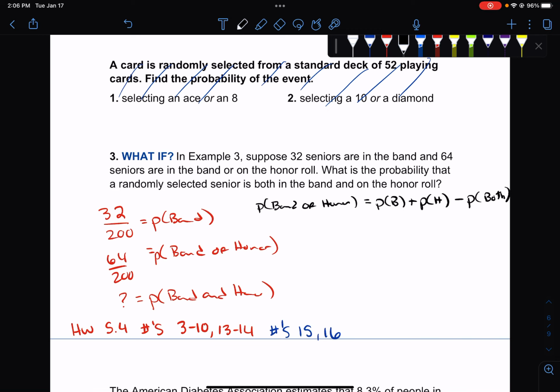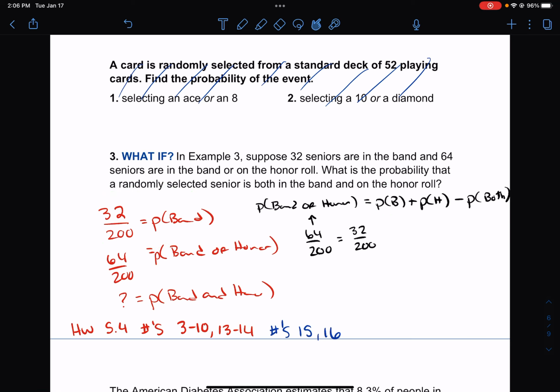The probability of band or honors, it gave me right here. So 64 out of 200 equals the probability of band, which it gave me right here, 32 out of 200.